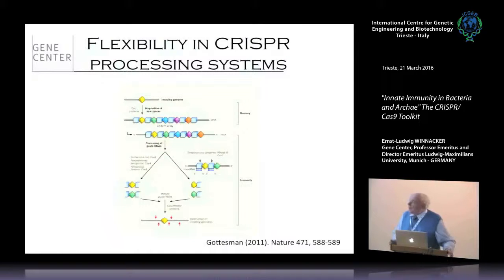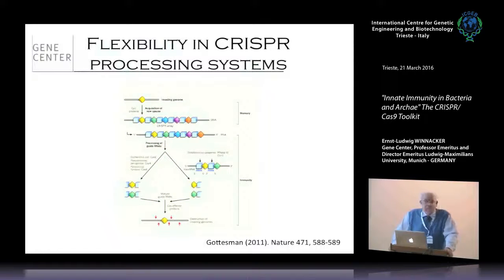And in the end, in red are marked the sites where the phage DNA is destroyed, with the red arrows here. You can already see that there's a special case here, Streptococcus pyogenes. That is a so-called type 2 case, I'll come to that in a minute, which is later on used in these genome editing procedures. So there are many types.